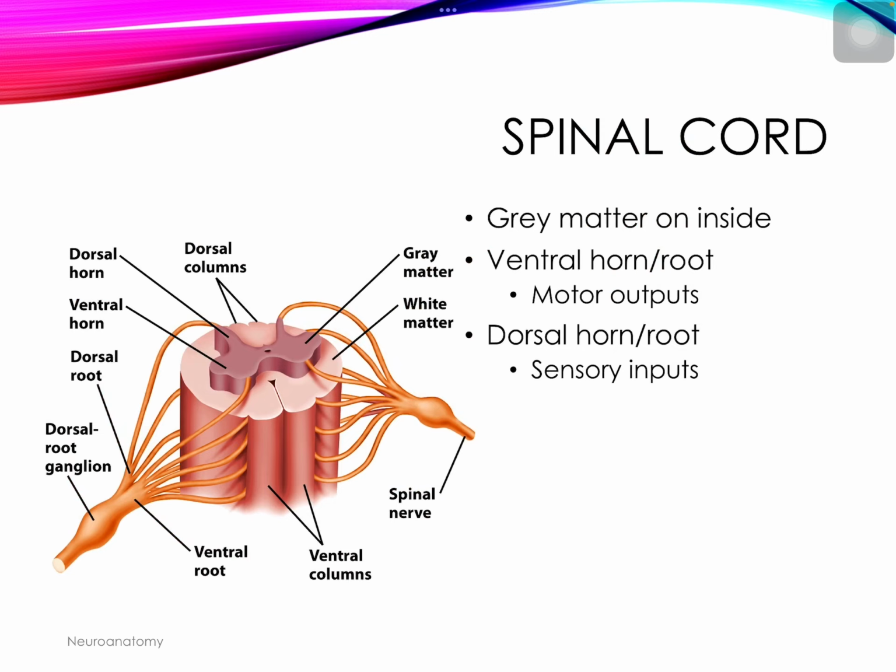And we can see here, and we've talked about this before, those dorsal roots, the dorsal root ganglion, and how that's sort of structured. We've talked about that in a previous class. There is gray matter on the inside, and then the ventral horns are important for motor outputs, whereas the dorsal horns are important for sensory inputs.